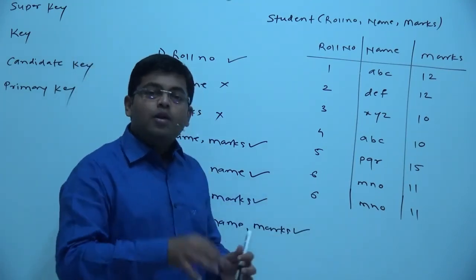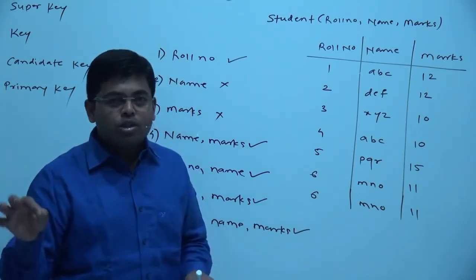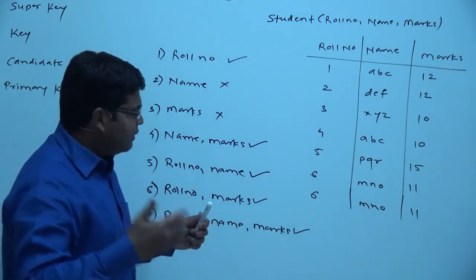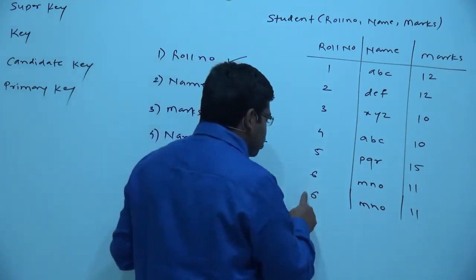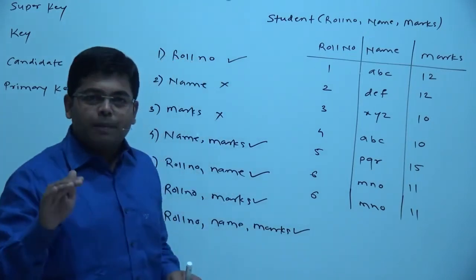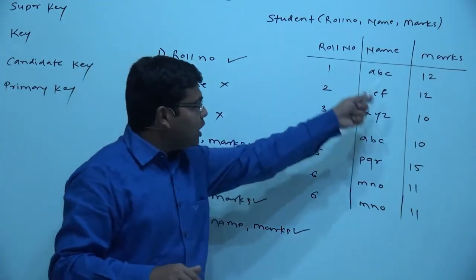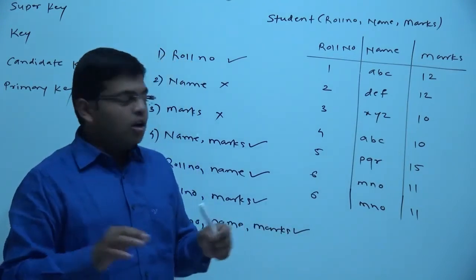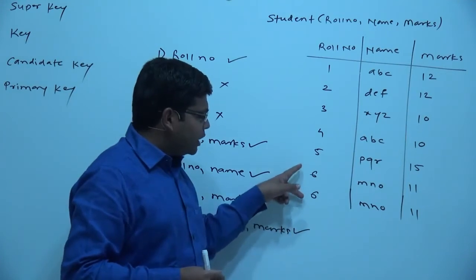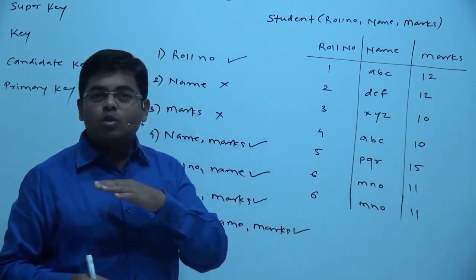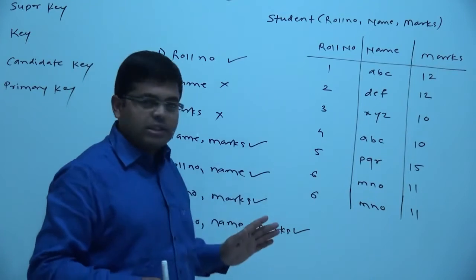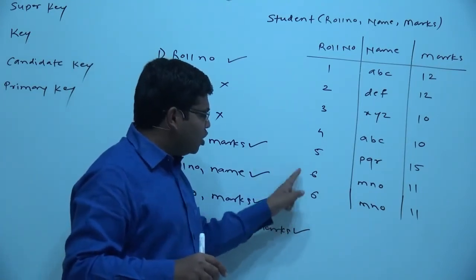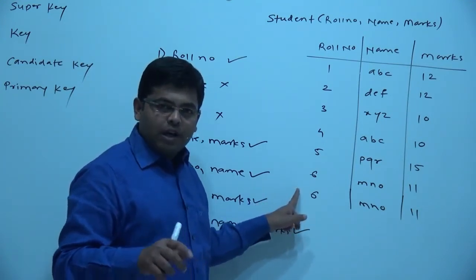And that is why no combination of attributes can be called as a key, and therefore the observation is, whenever duplicate rows or duplicate tuples are present, the particular table or relation will not have any key, or the number of keys will be equal to 0. This is keyless, and it is keyless because duplicate rows are present. Let us be very clear on this.